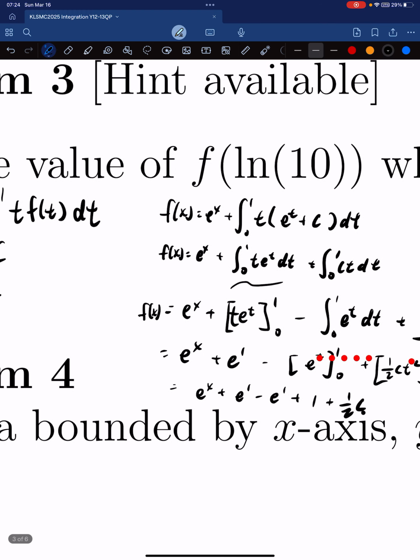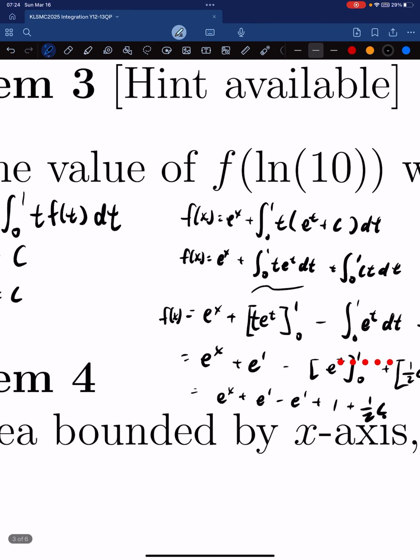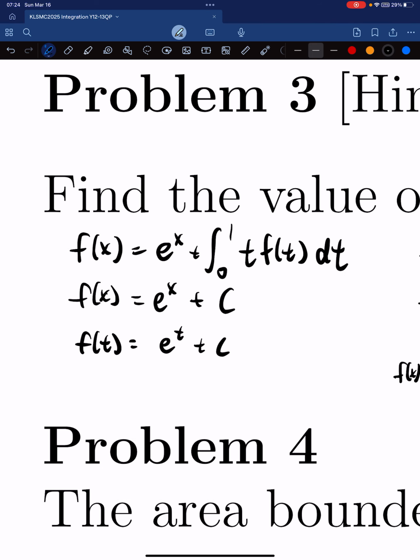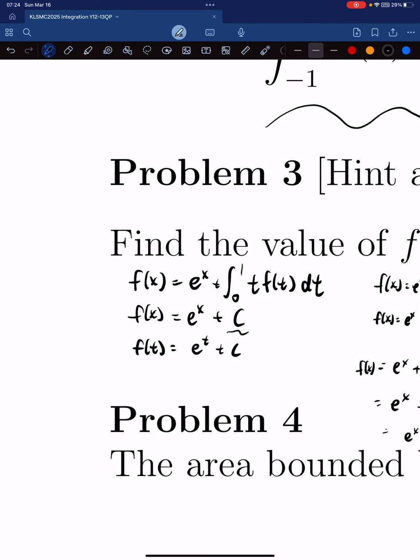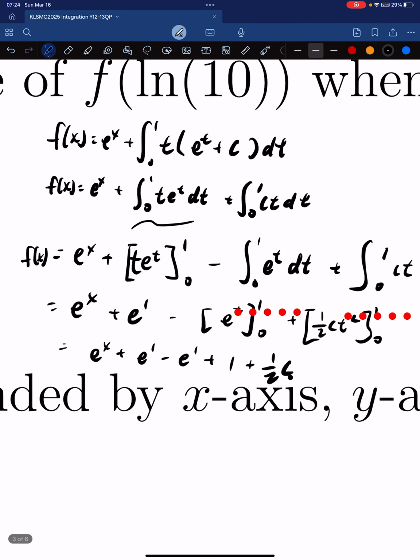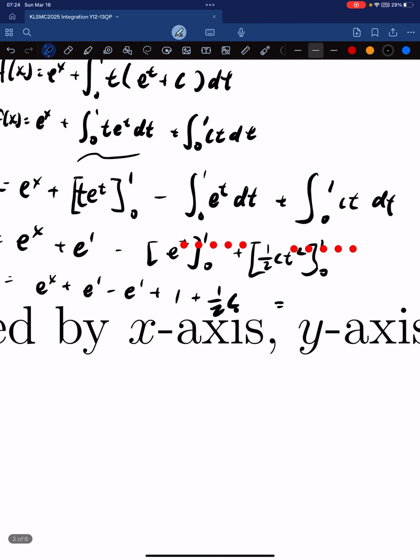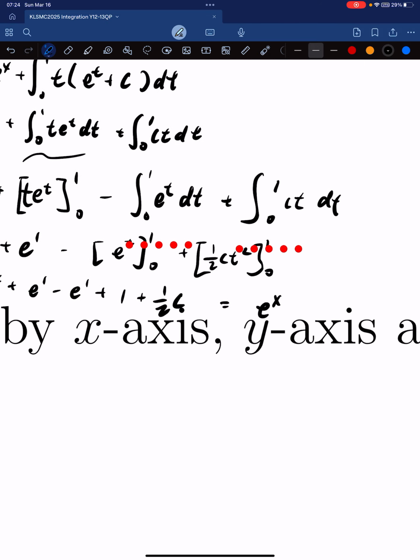And now what we do is that we write our function as f of x equals e to the power of x plus c, and when we integrate it, we know this reduces to a form where our function is also e to the power of x plus half c plus 1. So now we equate these two terms.